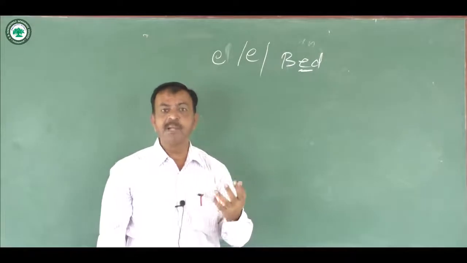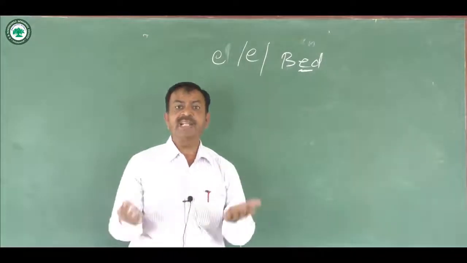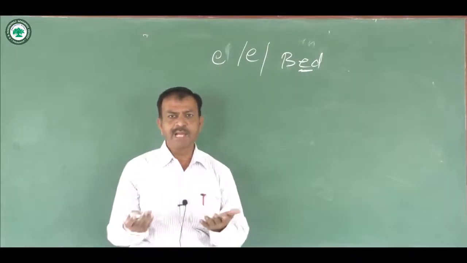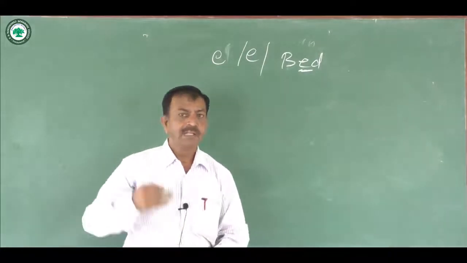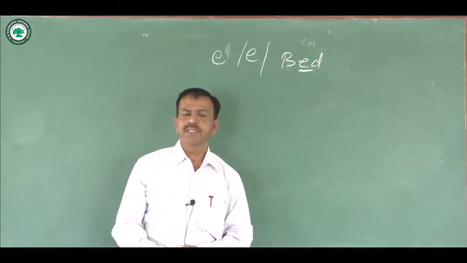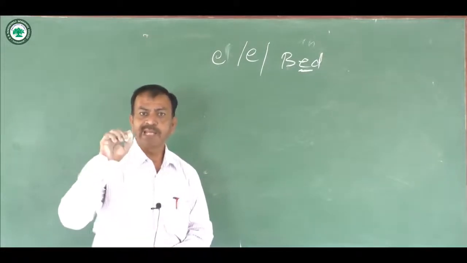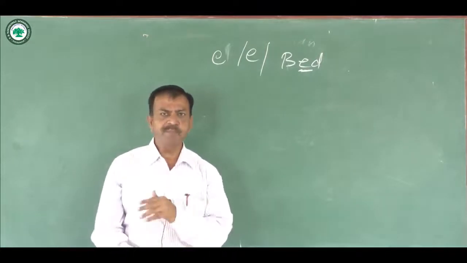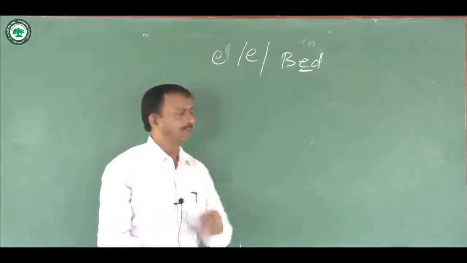In another example, bag, sail, desk, dress, help, rent, leg, send. Here in this example, letter E is pronounced as this sound, but the same letter can be pronounced differently.